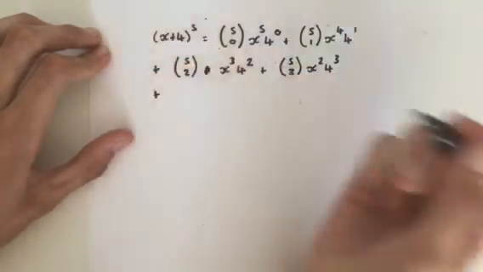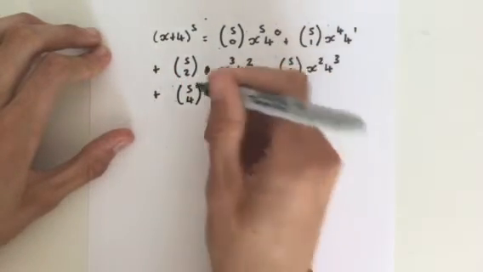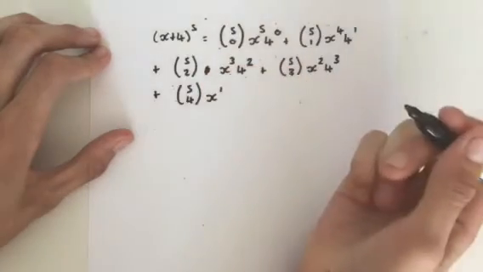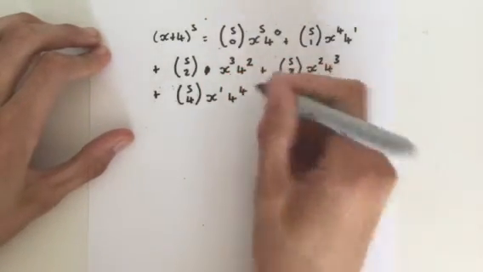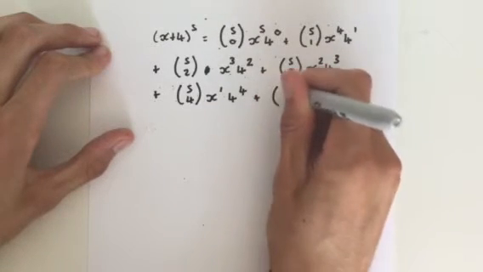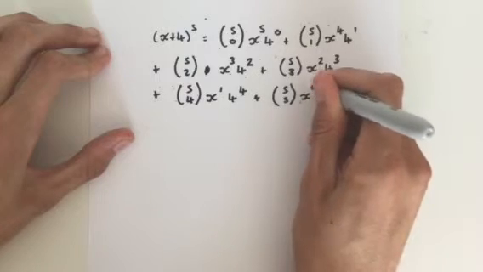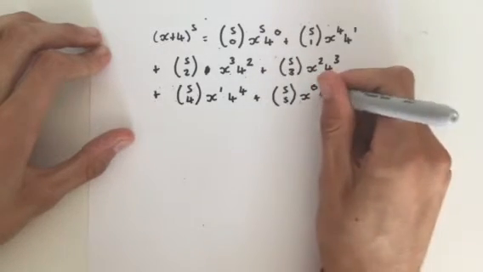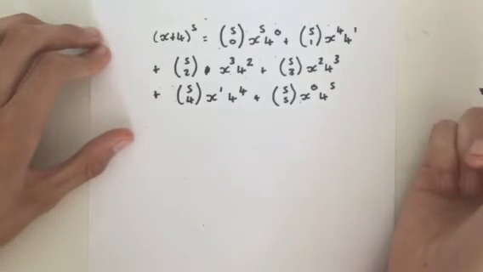And then we add 5 choose 4 multiplied by x to the 1 times 4 to the power of 4. And then finally we add 5 choose 5 times x to the 0, which is just 1, times 4 to the power of 5. So that's it in expanded form.